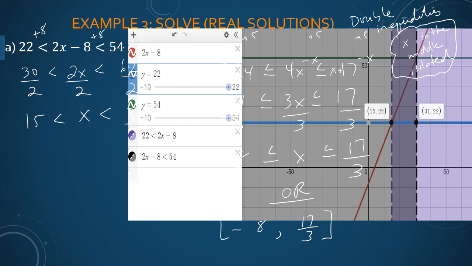Between 15 and 31. And that's what we got. 15 is less than x is less than 31. Visually, that's what we just did algebraically. And where it's kind of double shaded, it's a little bit gray looking, that's our solution set. And again, hopefully providing these pictures gives you another visualization of what we're trying to do.